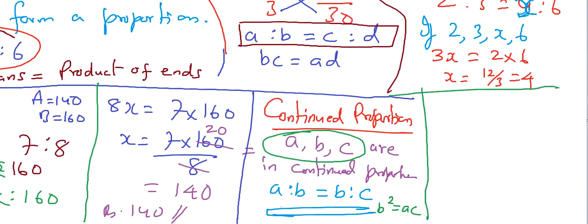The third term, C, is called the third proportional. And the middle one is called the mean proportional.